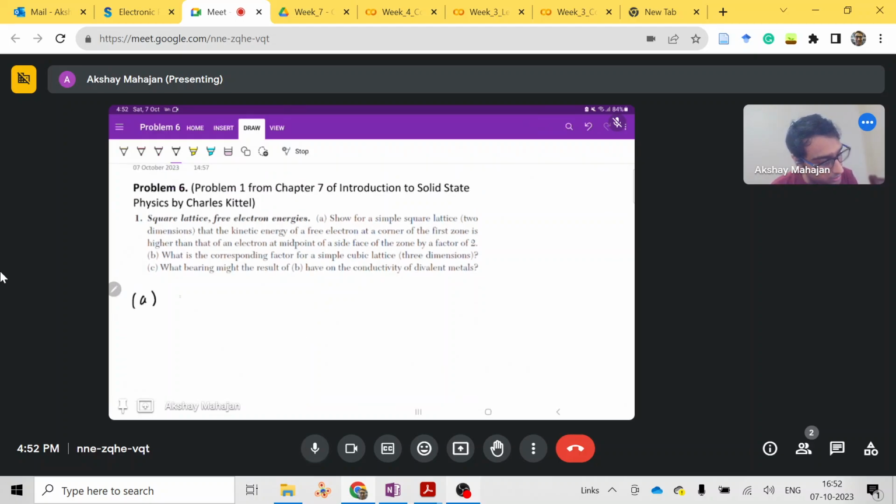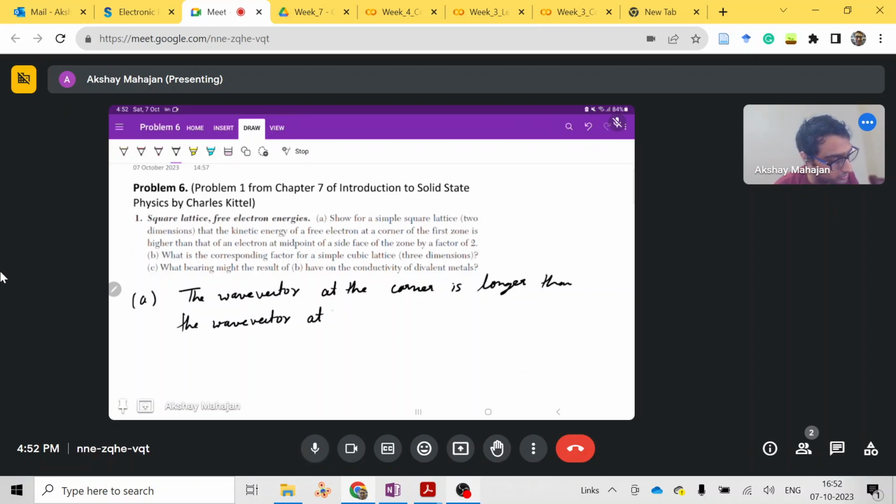Now the wave vector at the corner is longer than the wave vector at the midpoint of a side by root 2.